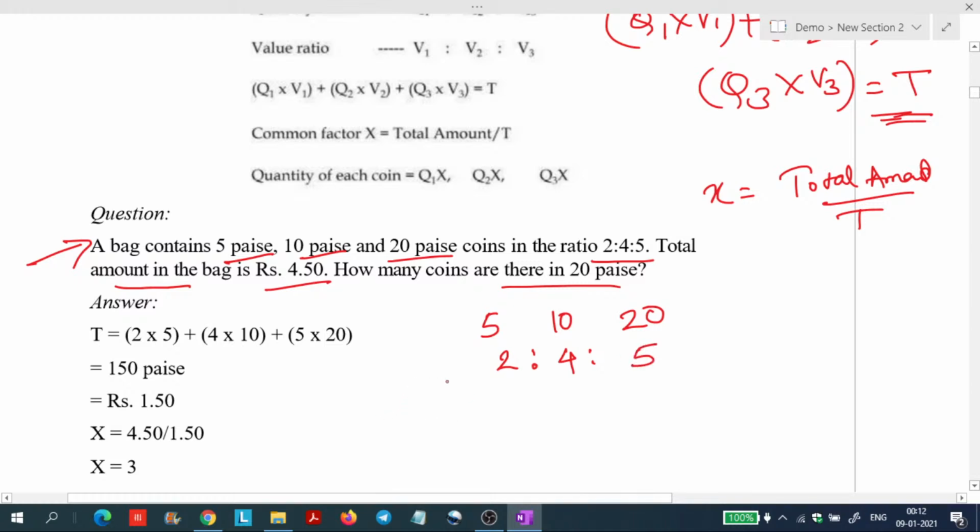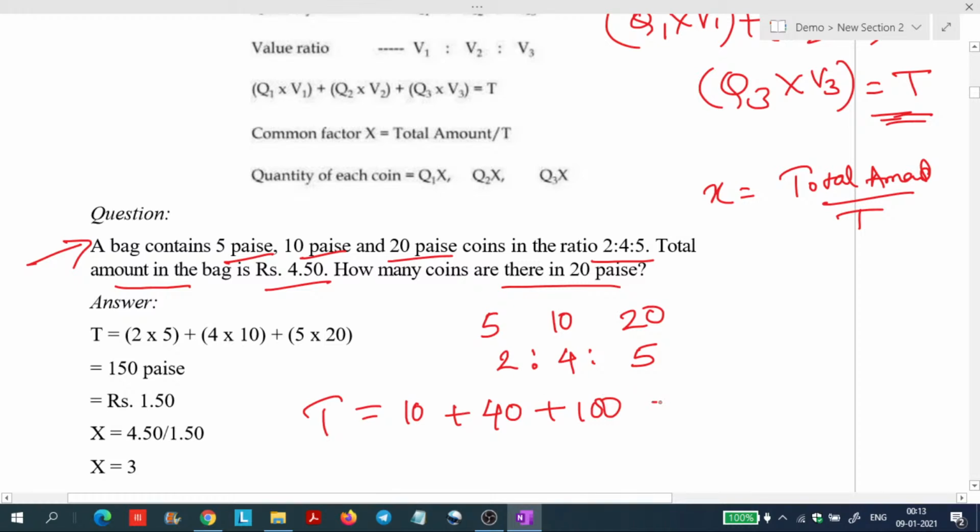As per the formula, quantity into value: 2 into 5 is 10, 4 into 10 is 40, and 5 into 20 is 100, so 10 plus 40 plus 100 is your total T.